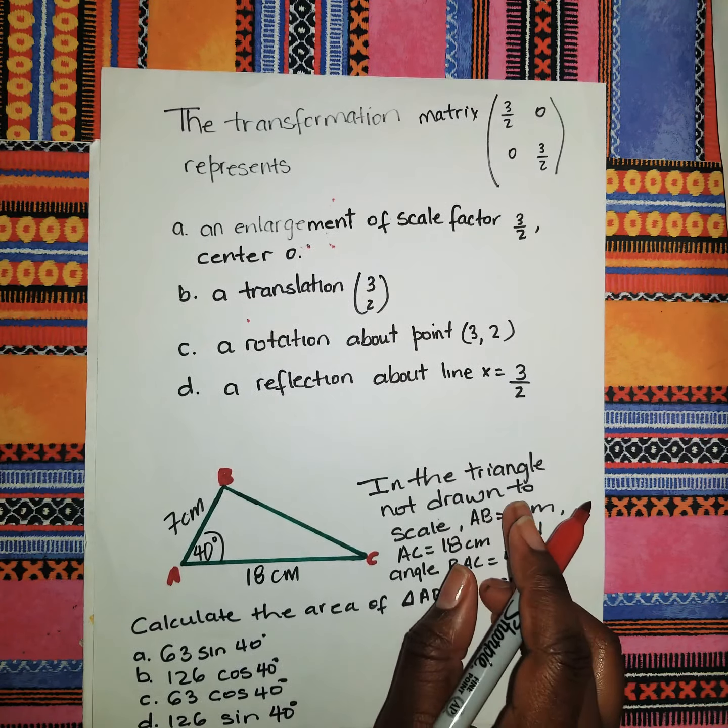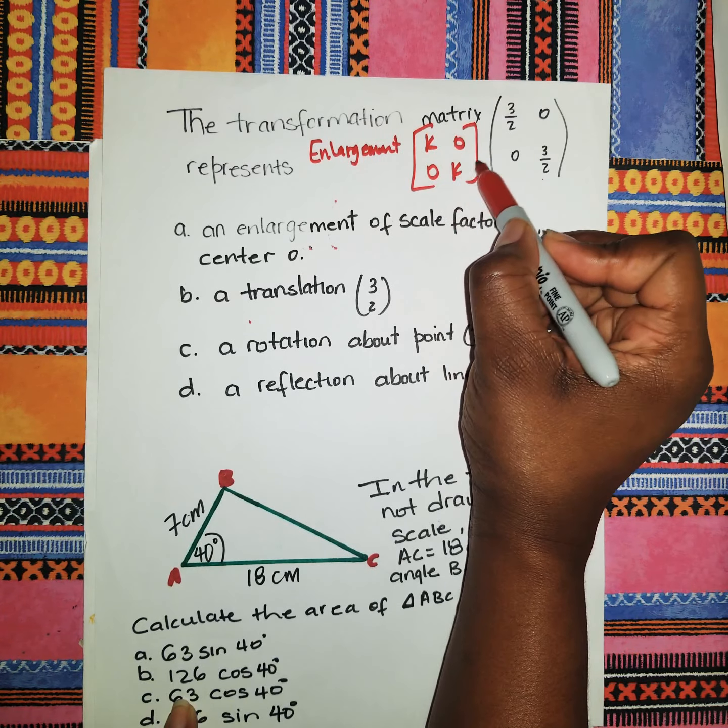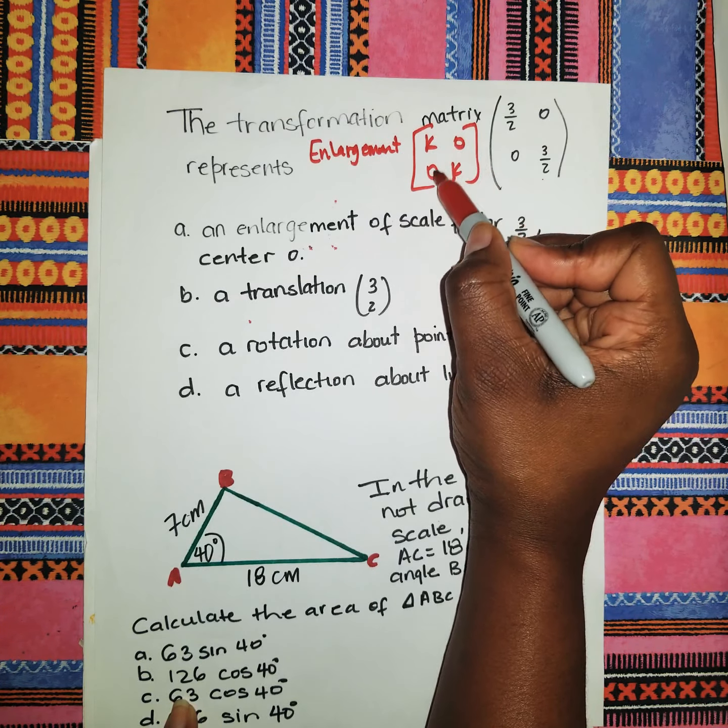All right, guys, so you need to know the matrices and their representations, but for this video I'm going to go straight to the point, and this represents an enlargement, with matrix k 0 0 k, and we know k represents a scale factor. And so it is an enlargement of scale factor 3 over 2 and the center is the origin.